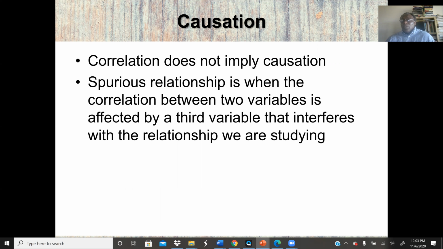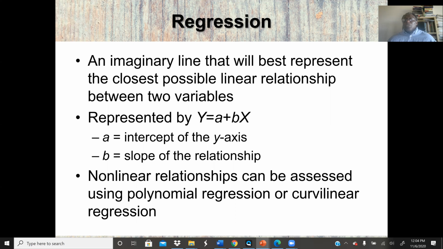No. But there's an implicit relationship or association between them. So causation again means we want to know what normally causes the dependent variable. But we have to be careful because of the confounding variable, or lurking variable.